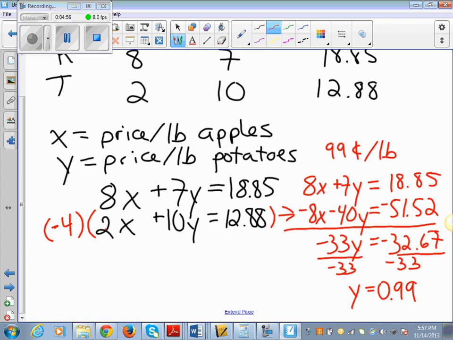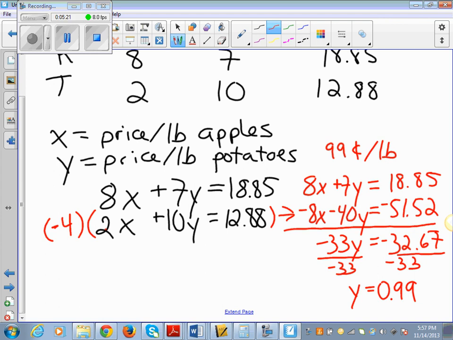Now for apples, we're going to have to figure out x, which we can do by now. We know what y equals. We can substitute or plug in 0.99 for y into any of our equations up here, either one of the two original ones or even the one that we derived when we multiplied it by -4.